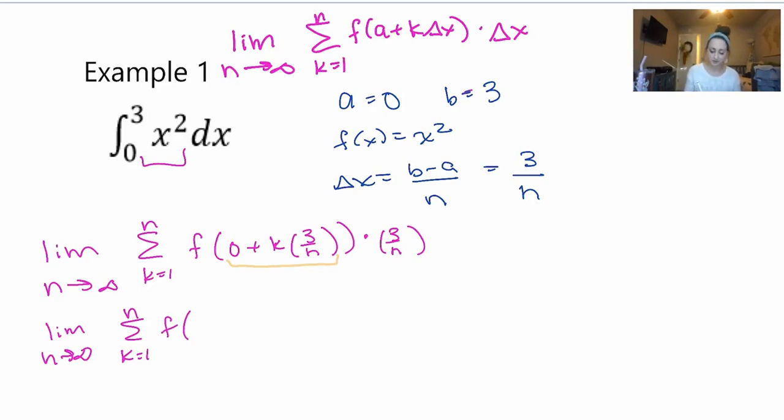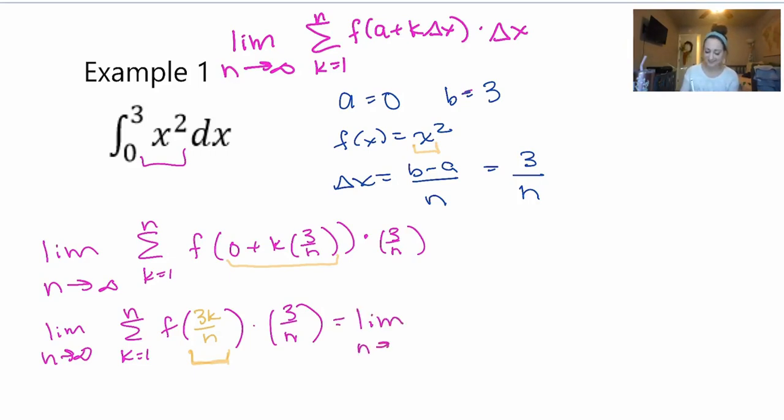Then k times 3 over n, another way, just to clean it up, is going to be 3k over n. So that is that, and then I still have times 3 over n. Okay, we are almost done. So now I need f of 3k over n. Well, what was f of x? It was x squared. So anywhere I see an x, I'm plugging in 3k over n, right? All right, so final answer.